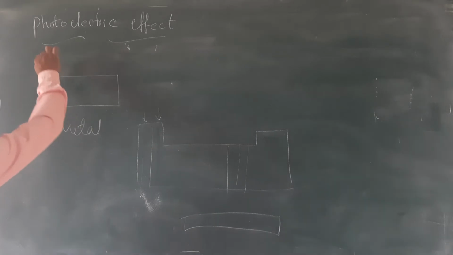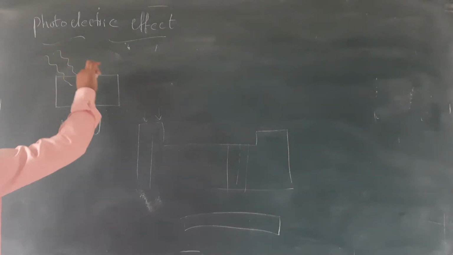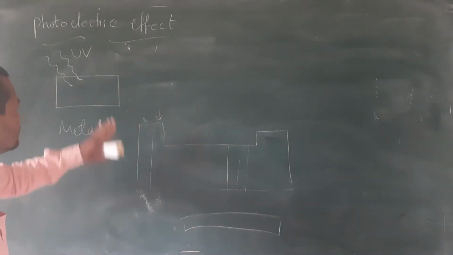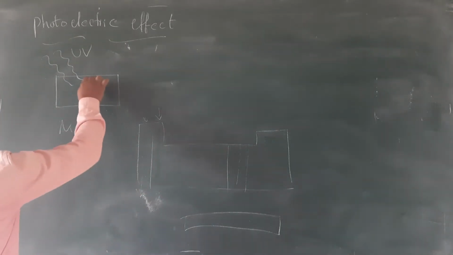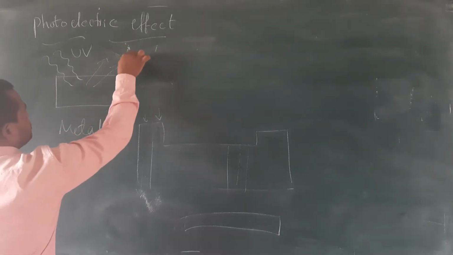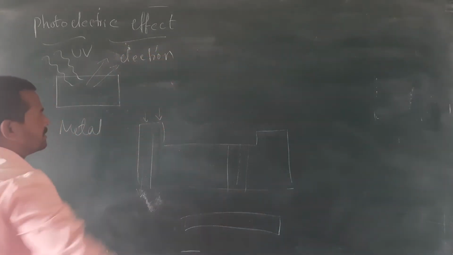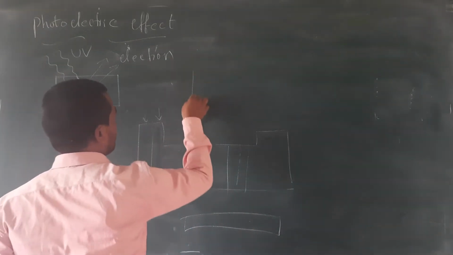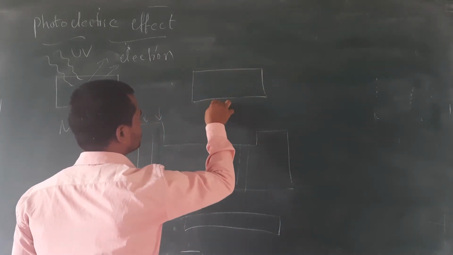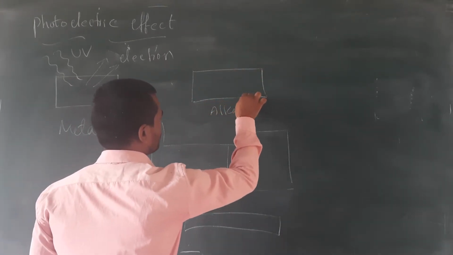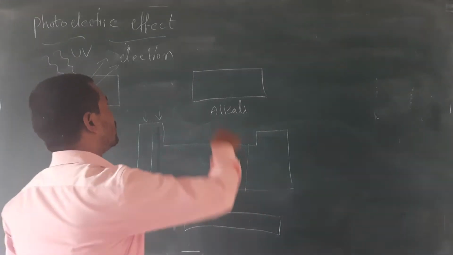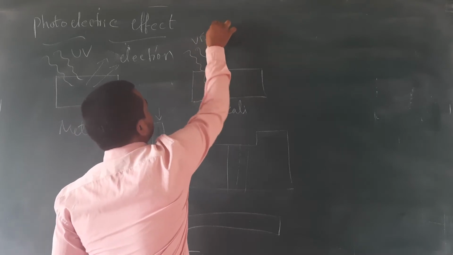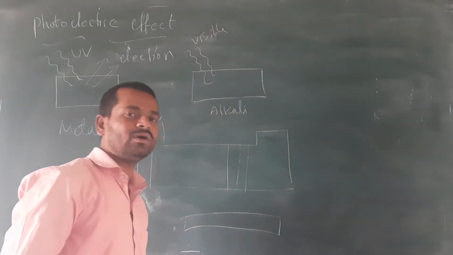If we expose UV rays, then what happens? These metal surfaces can produce electrons. Suppose we take this metal and allow visible light, then what happens?